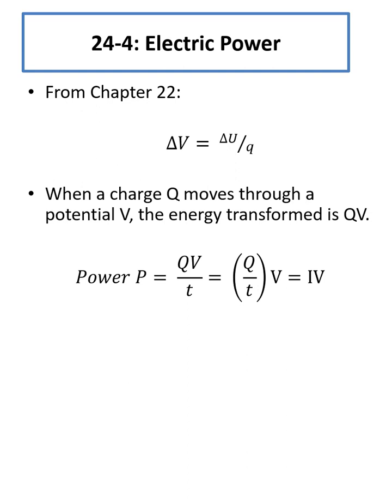So when a charge Q, I'll call it capital Q, moves through a potential V, there is energy transformed, that is Q times V. Now when I say energy transformed, something dealing with energy happens, and we've seen examples where kinetic energy might be gained, it might be lost, potential energy might be gained or lost, but something happens with transformation of energy.